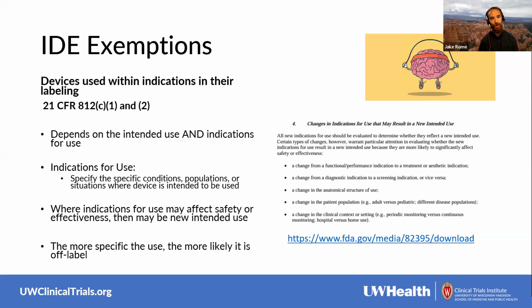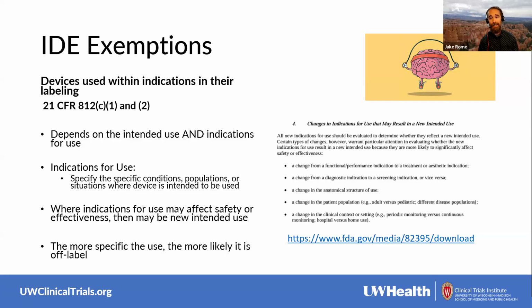intended use. So something to consider, again, if you're gonna change the way that other clinicians use a device, that sort of suggests that more likely than not, it's going to be off-label. If it's not used in that way currently, it may be considered off-label.